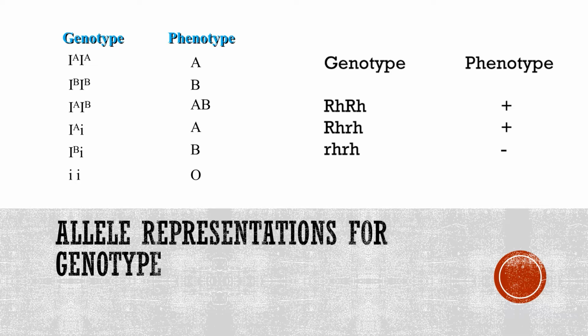So for a full genotype of a person's blood, you combine the genotype of the lettering of the blood with the genotype for the positive or negative. You put those two different genes together to make one genotype. So for example, if someone was AB negative, their full genotype would be I^A, I^B, lowercase rh, lowercase rh. That's just one thing to it.